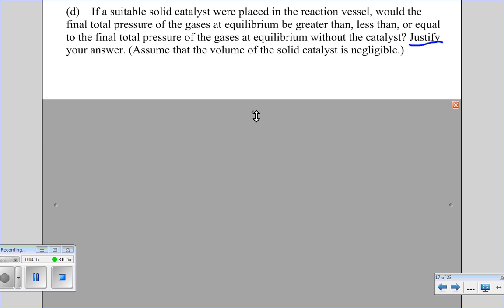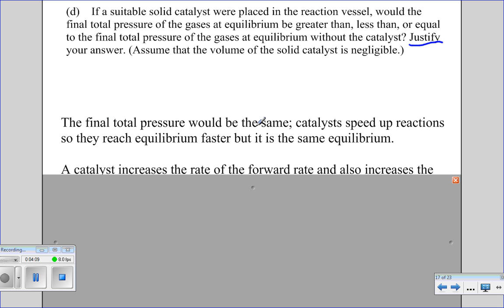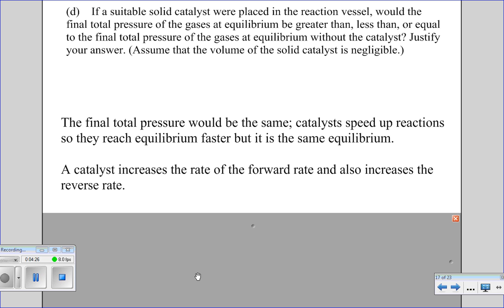So you have to answer in that pattern. The final total pressure would be the same. That was one of my choices: equal to the final total pressure. Catalysts speed up reactions, so they reach equilibrium faster, but it's the same equilibrium. Another way of saying this is that the catalyst increases both the forward and the reverse rate.